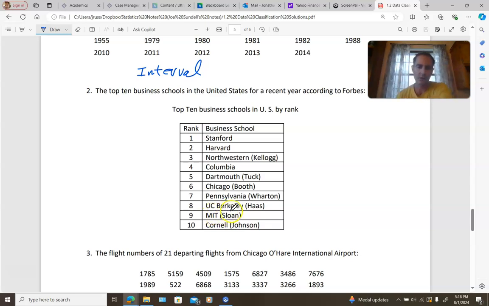MIT, their business school is the Sloan Business School. But anyway, this data can be ordered, okay? So that makes it ordinal. But we can't subtract this data. Like you can't say, okay, Harvard minus Stanford equals something, and then that something be significant. It doesn't even make sense.